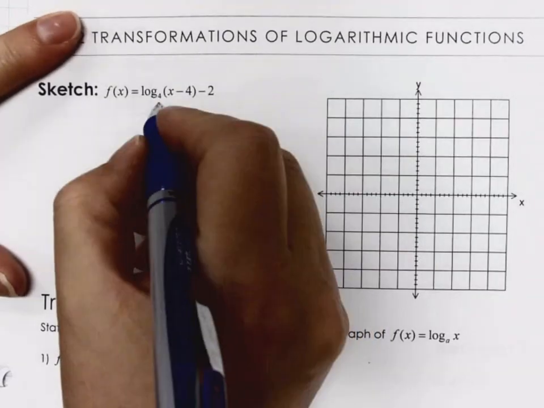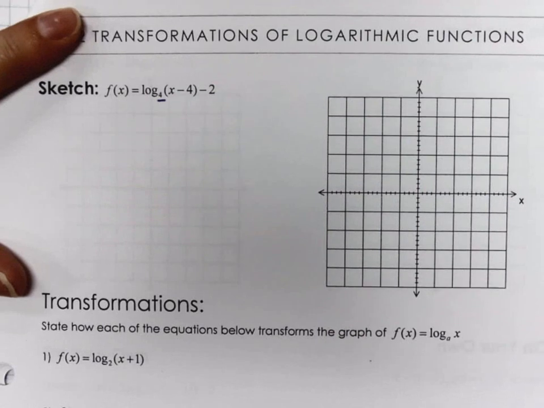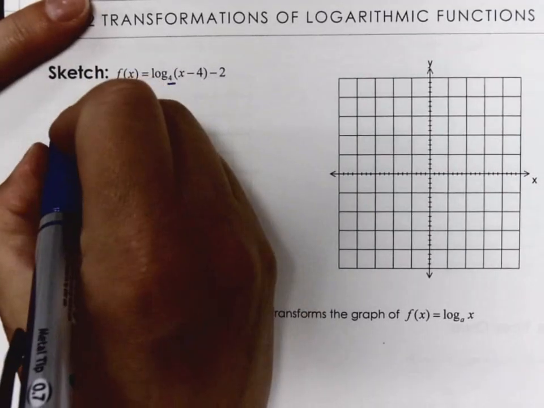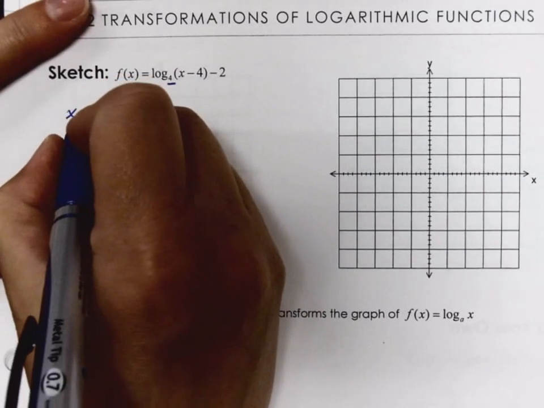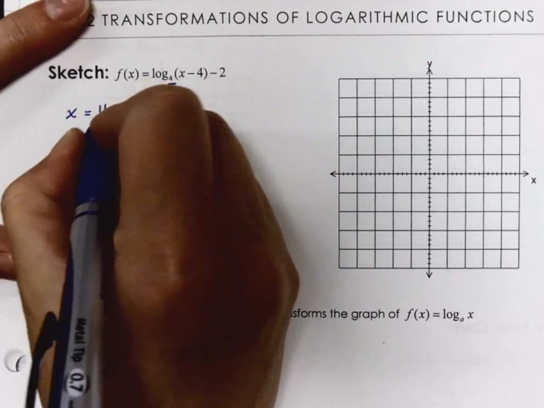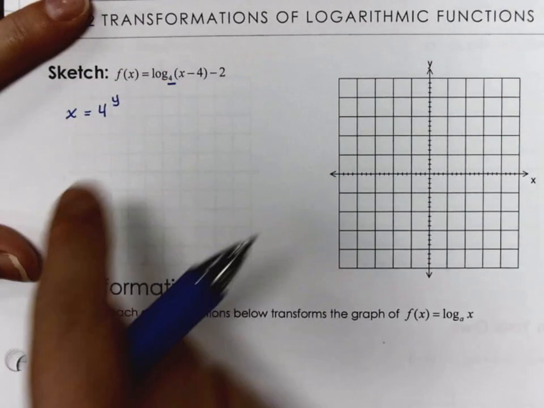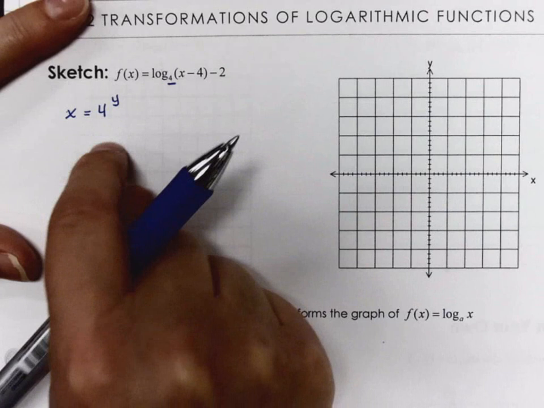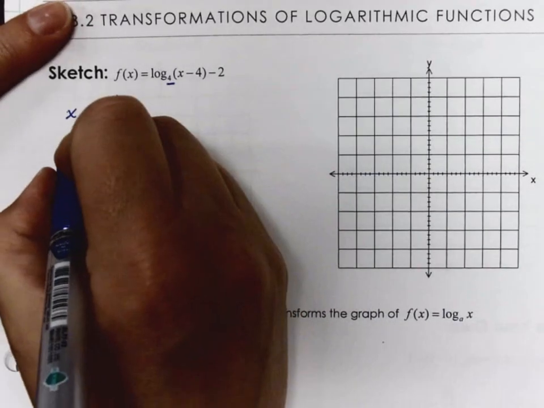I'm not sure how you want to tackle this though. I think the first thing is I'm going to say base 4. So if I were to do a base 4 exponential graph, okay, so if I were to do the basic log 4 graph, it's this in exponential form.